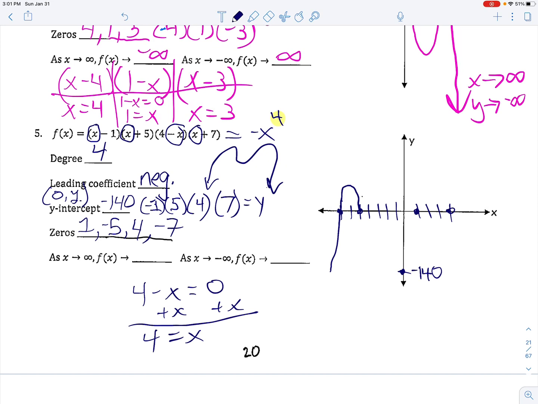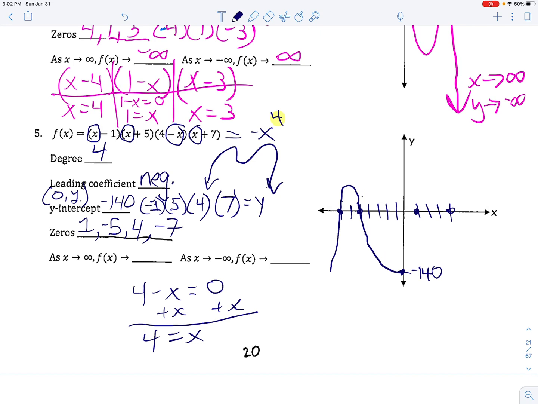You didn't determine that. We don't know for sure where it's going to start making the turn to come back down, unless we do more investigation, which we're not going to do with this. And then it's going to go through negative 5 and go to the next point here, which is negative 140, the y-intercept.